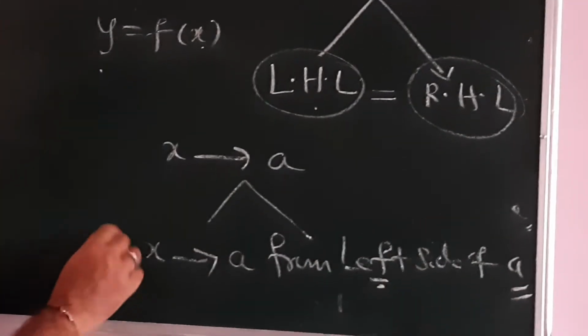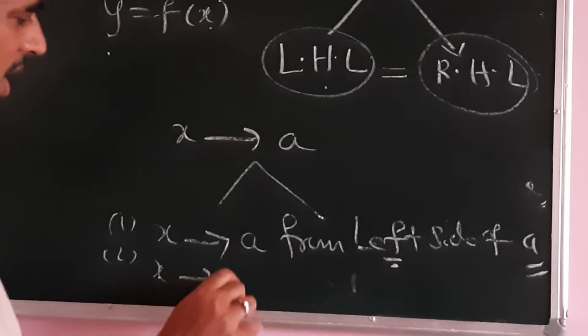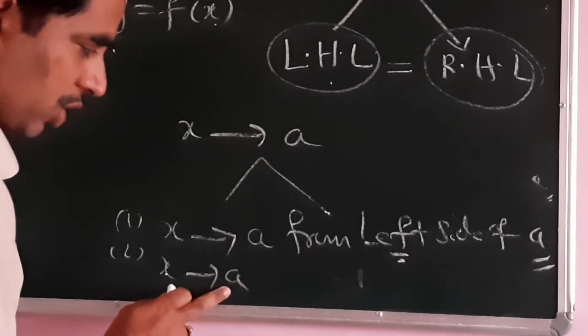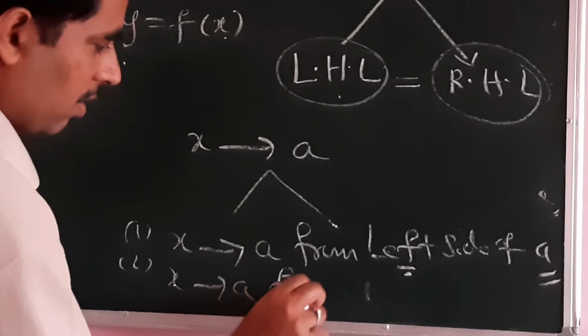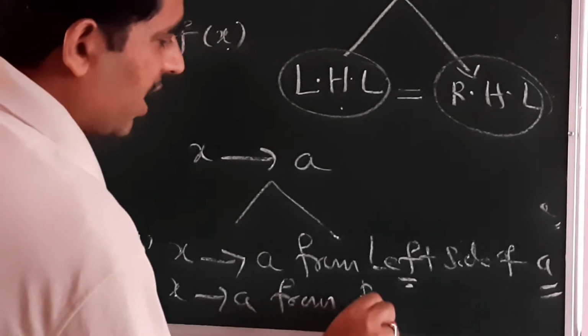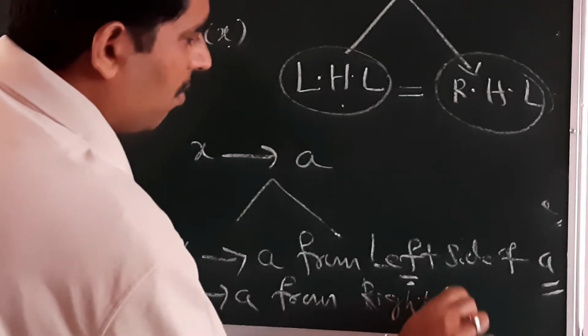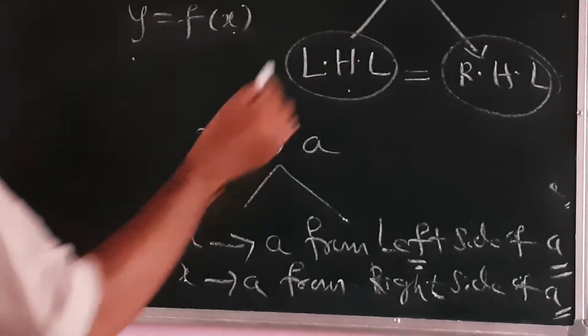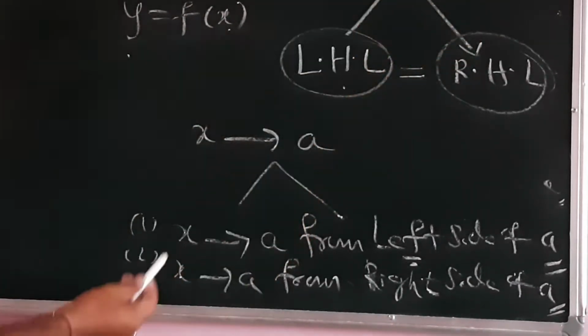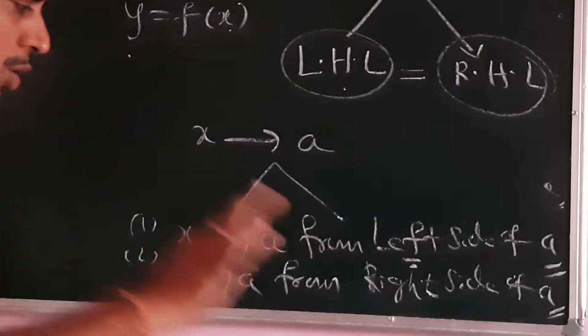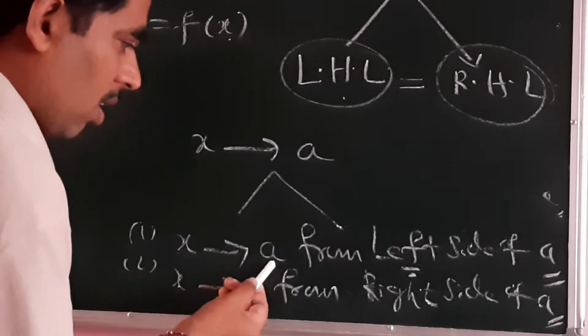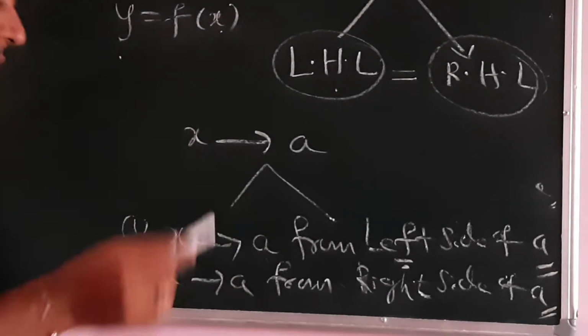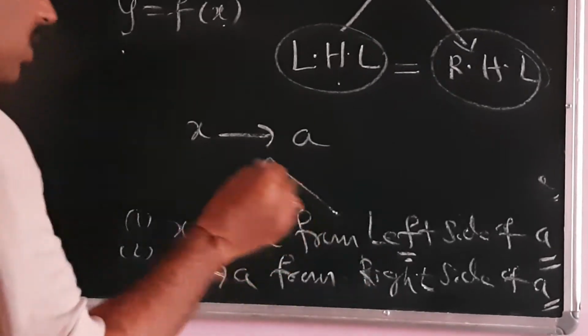That is one option. The second option is that x approaches or tends to a from the right side of that point. So there are two meanings here: x may approach that point from the left side or from the right side.